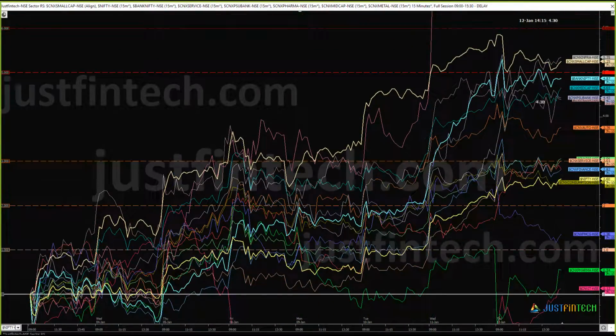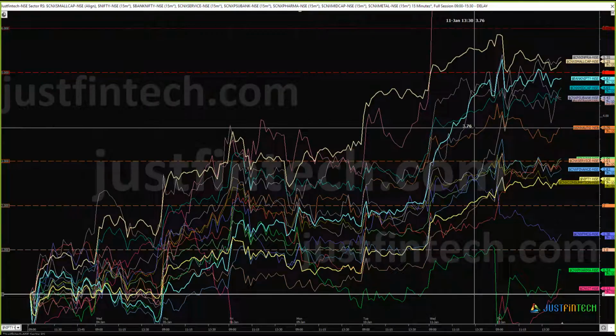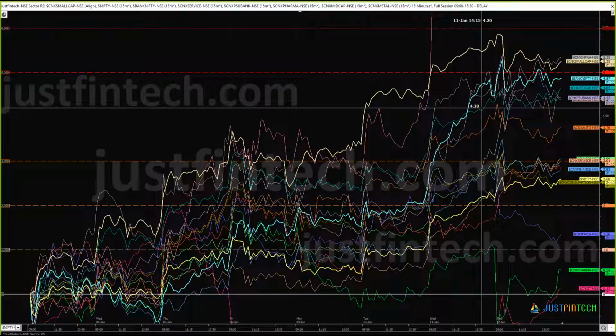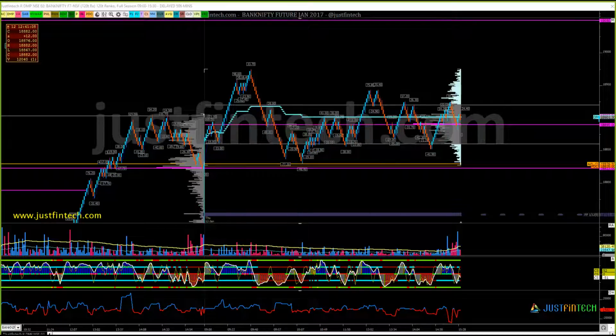And the leading ones are mid cap, infra, and metals, bank Nifty, mid cap, CNX, PSU Bank, and the media, all above the 4% range. So this just gives an idea that if somebody is trading long or short in a particular stock within a sector, just look at the sector, how the stock is performing compared to the sector.